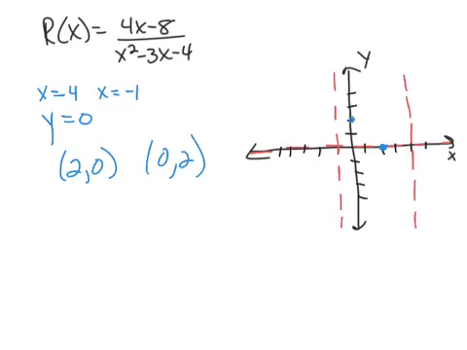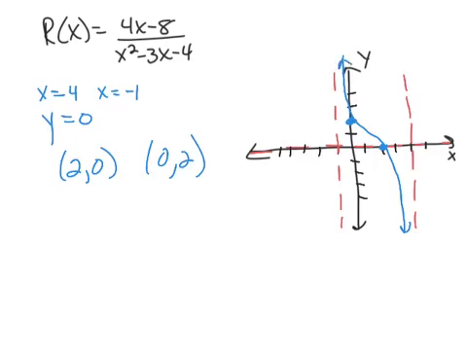Okay. So then we're going to use some test points to figure out what's going on. In the middle, I'm always going to approach the vertical asymptotes asymptotically, which means I'm increasing this way and I come down and then it's going to be going off that way. So there's the center of my graph.